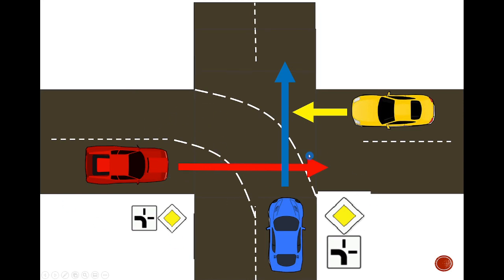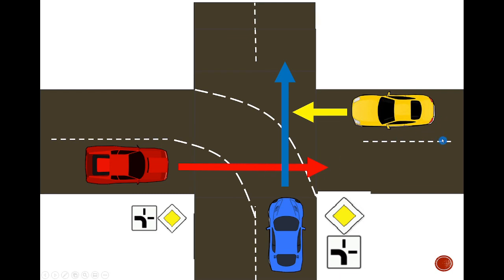But between the red and the blue car, does the yellow car have any priority? No, because the yellow car is not coming from a priority road. Remember, where you're coming from is very important. In this case, the blue car and the red car, because they are coming from a priority road, always have priority over any traffic which is not on the priority road.